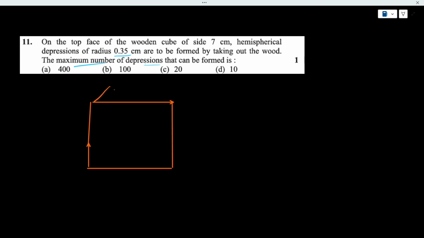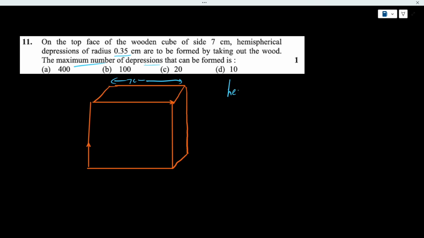Okay, let me just draw it so you'll understand. If this is your cube, right? Now, if I say this is 7 centimeter long, how is the hemispherical shape going to be taken out here? 7 centimeter.